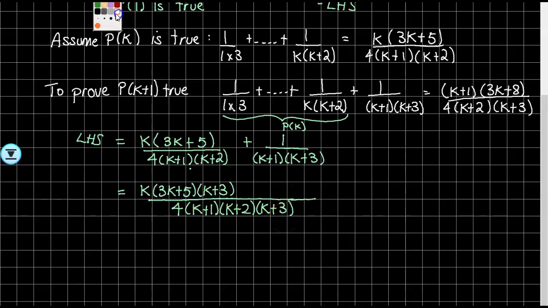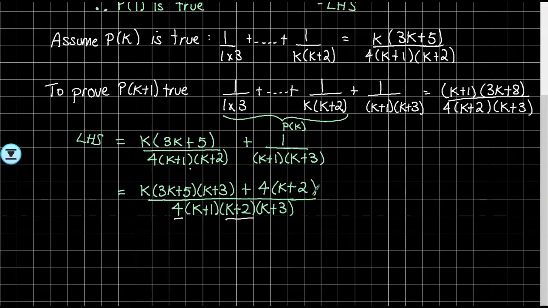So the extra thing that we're going to have to multiply through by is the 4(k plus 1). So that's what we will do to this bit up here. So that's why that ends up being 1 times 4(k plus 2). And you go, yeah, okay.